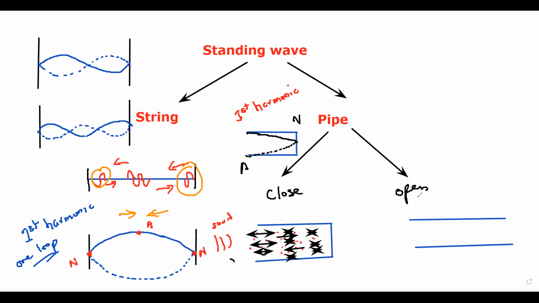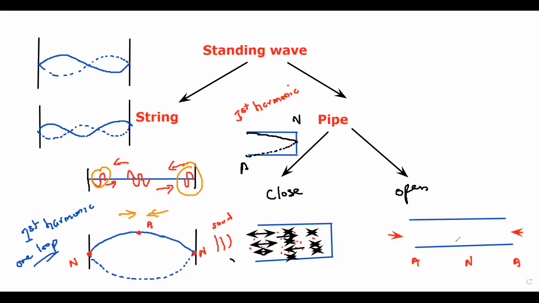But what about the open pipe? What happens in an open pipe? The two waves are traveling in opposite directions, so they will also combine. And as we know, at the open end we always have an antinode. So this will be an antinode, this will be an antinode. Between the two antinodes, there will be a node.